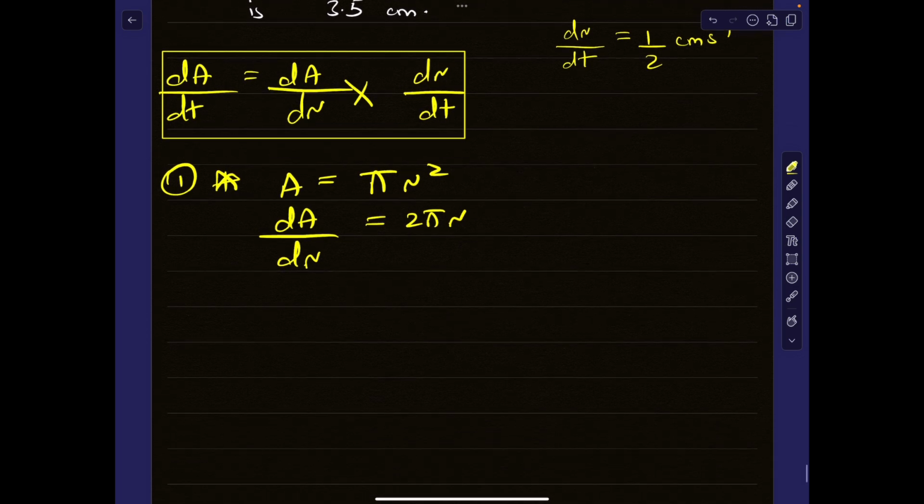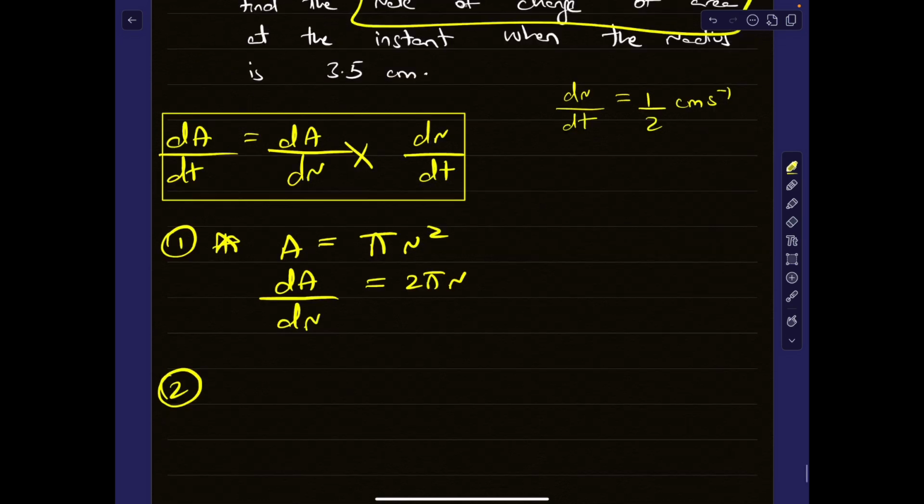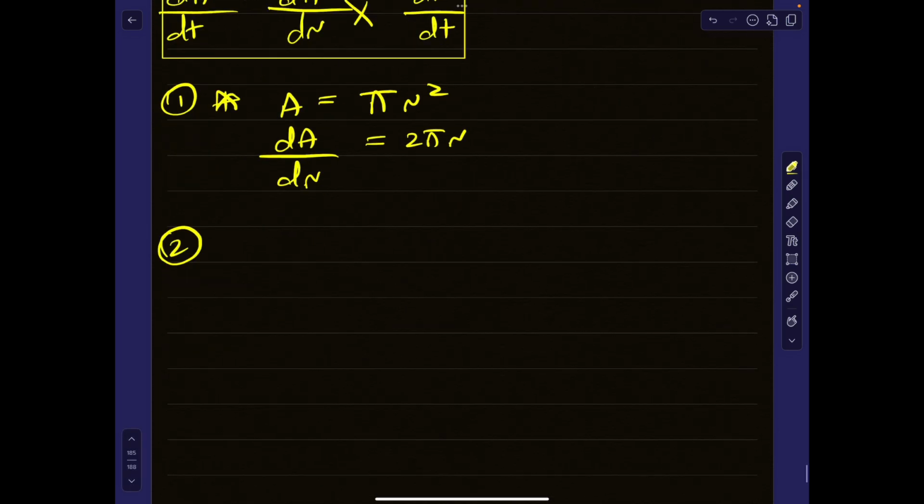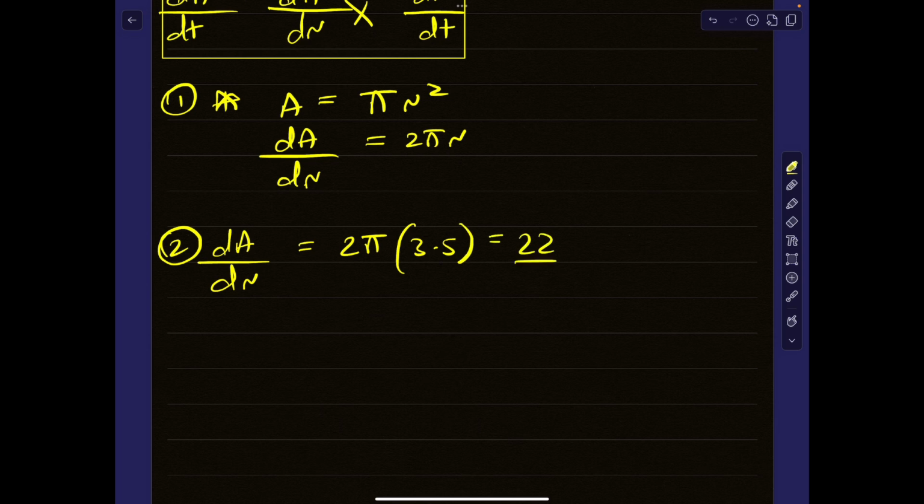And then the second step's substituting the original value of r. That is, in this case, we are given that we need to find the rate of change of area at the instant when r is 3.5 centimeter. So dA over dr is what we found here. Substitute r as 3.5, and this is what you will turn up to have.